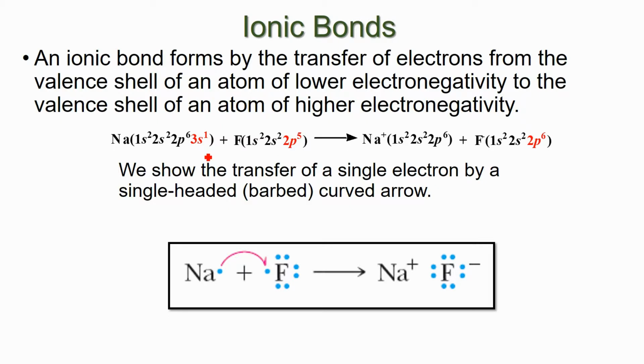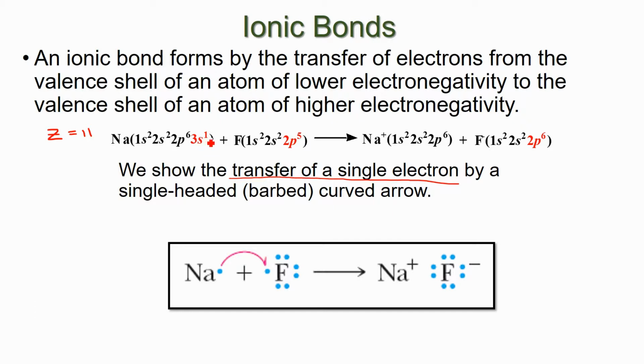So how do we form an ionic bond? An ionic bond is formed when you have complete electron transfer. The atomic number for sodium is 11, so Z equals 11. Z represents atomic number. The electronic configuration will be 1s2, 2s2, 2p6, 3s1.